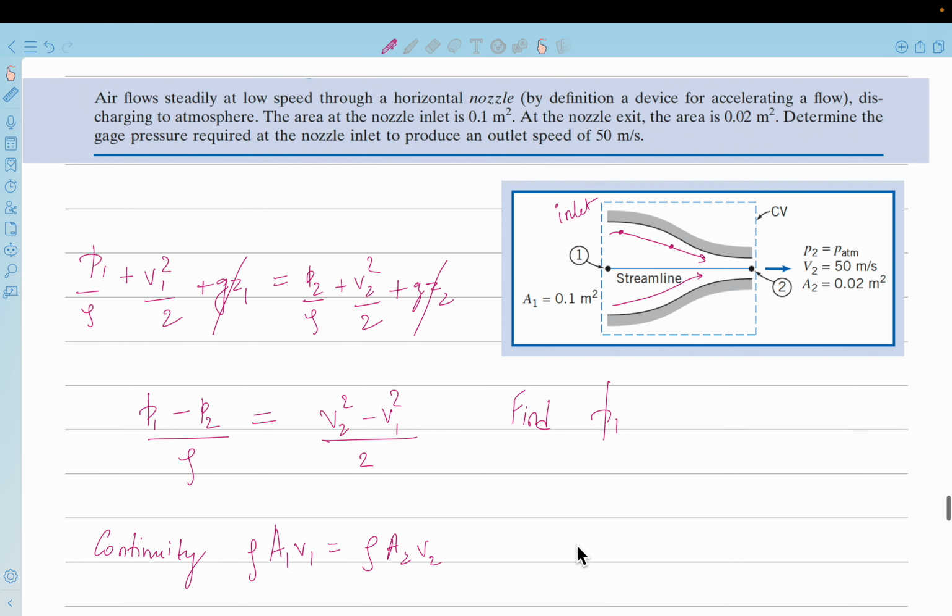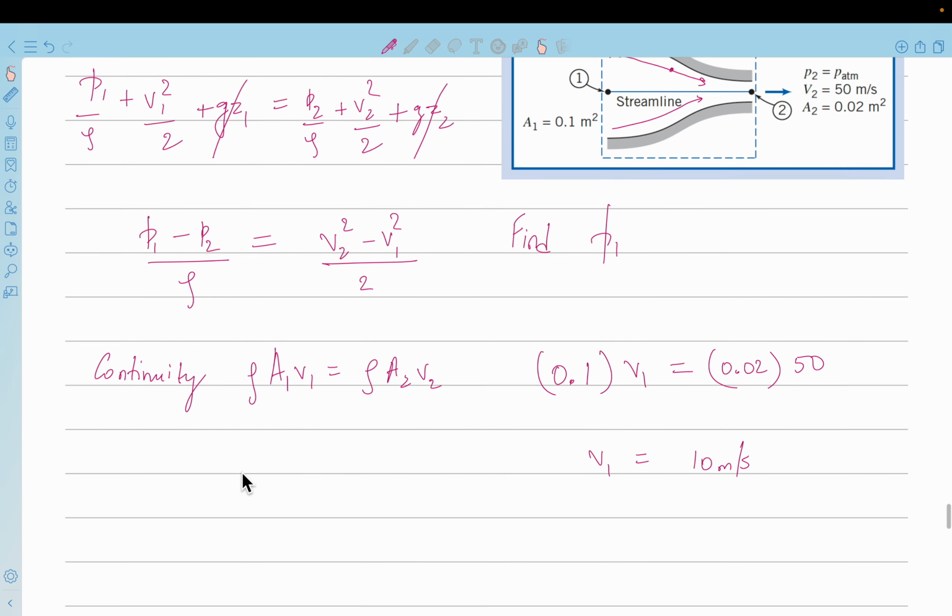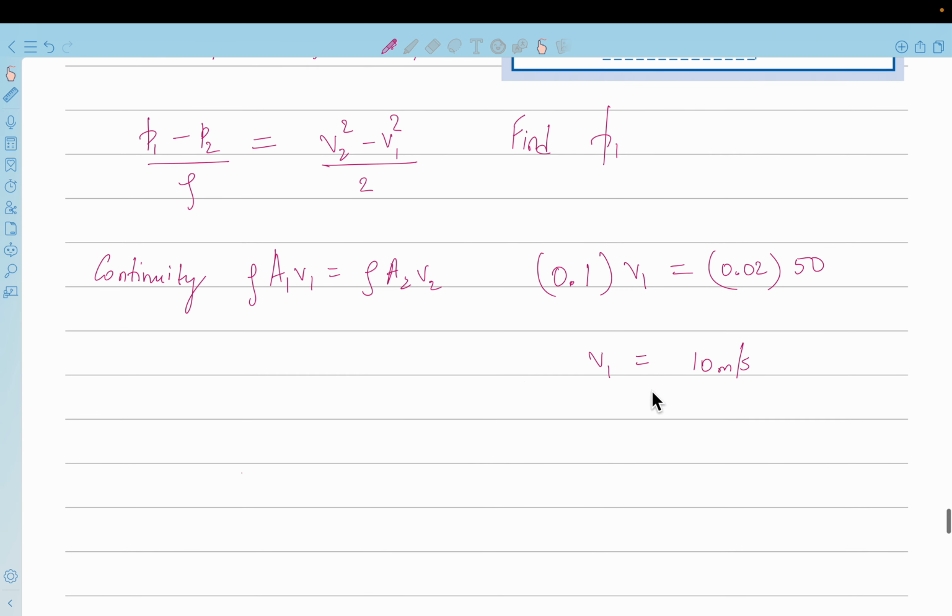So A1 is 0.1 into V1, which we do not know, and A2 is 0.02 and V2 is 50. So what is V1? Okay, 10 meters per second. Now you can just plug in the values and find P1.